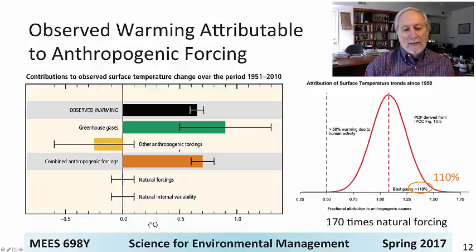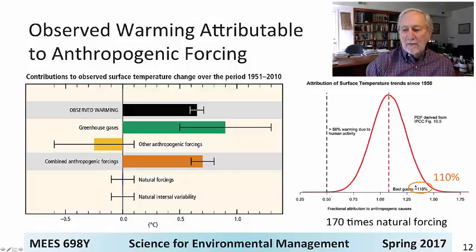If we combine those, we actually get a forecast, a prediction, an explanation, an attribution of the warming effect, which pretty much matches, certainly within the error bars, the observed pattern. And natural forces are actually very small in this, mainly thinking of things like volcanoes, but also solar activity.